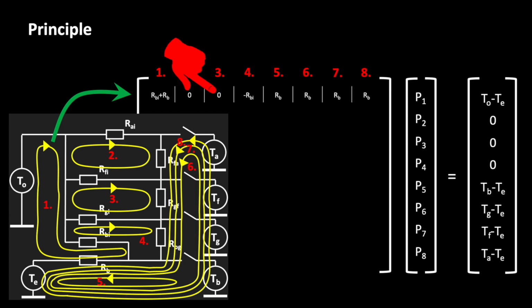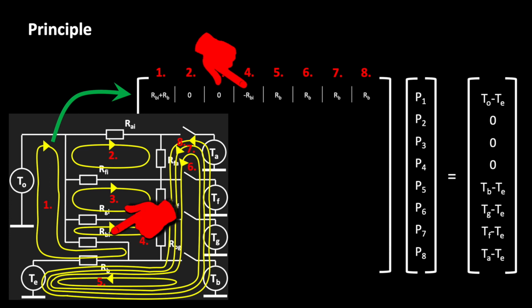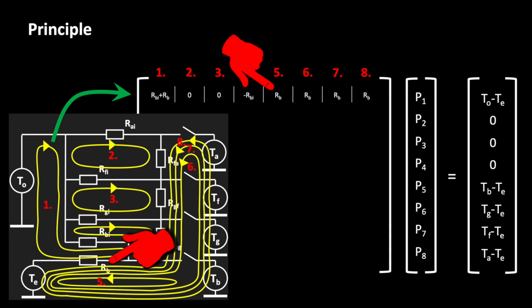The mesh current 4, like the mesh current 1, also flows through the resistor RBI, but in the opposite direction. Therefore, we enter minus RBI for the fourth element. Loop number 5, 6, 7 and 8 all flow through RBI in the same direction as loop 1. That's why we enter plus RBI everywhere here.